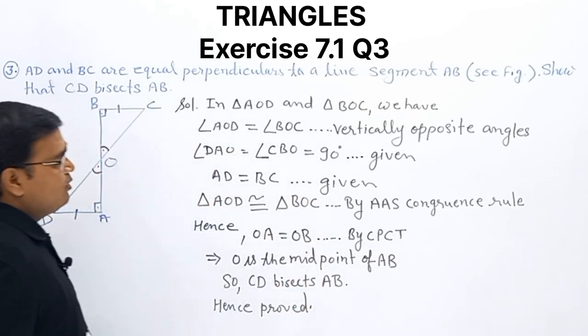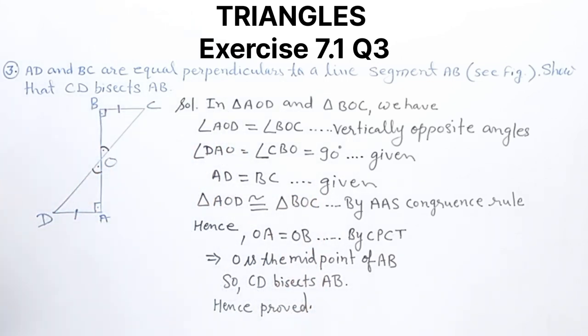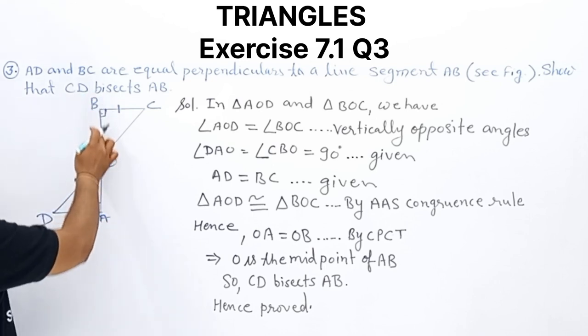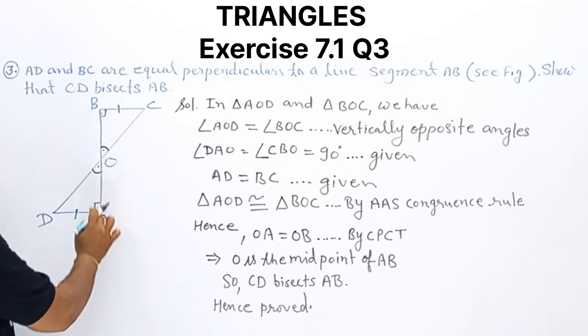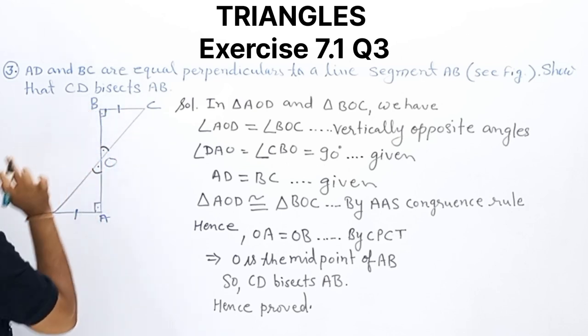Observe again what we are doing in this question. It is a simple question. AD and BC are equal and perpendicular. This side equals this one, given in the question. These two are perpendicular to this one, which means this angle equals this one. These are two intersecting lines, so vertically opposite angles are equal.